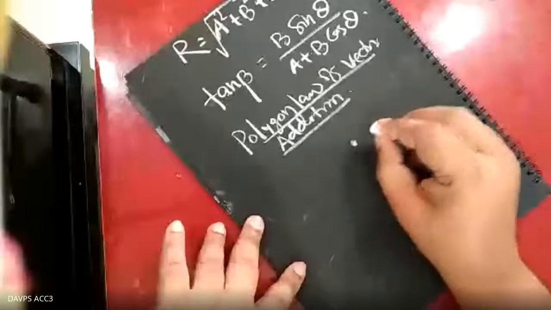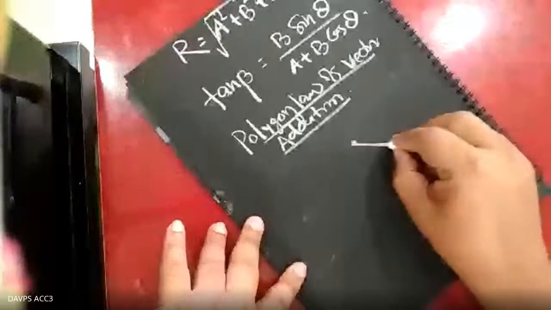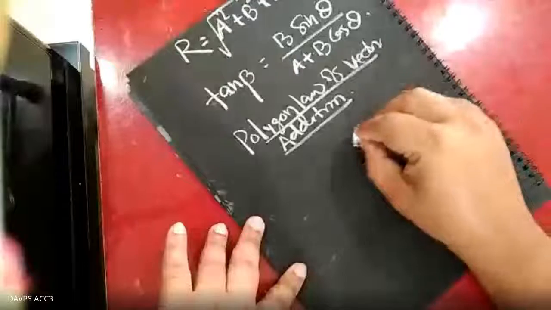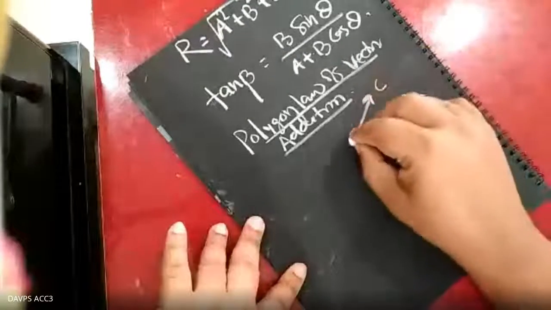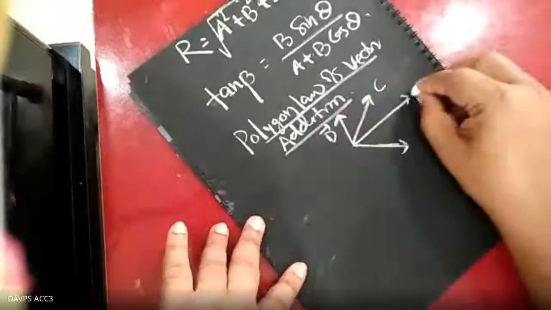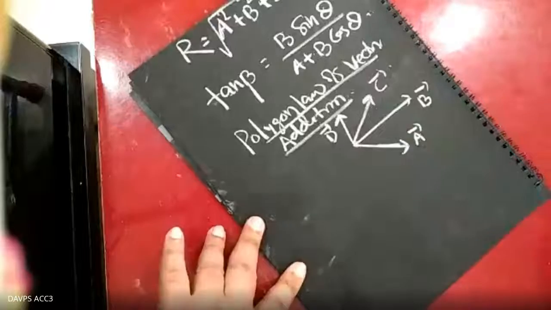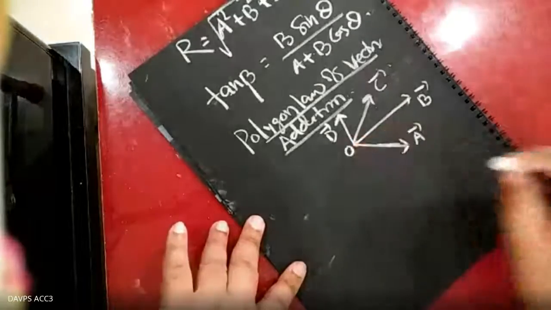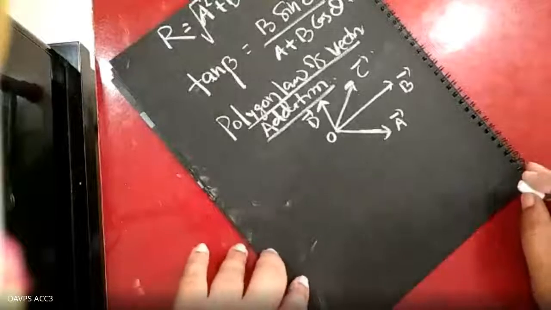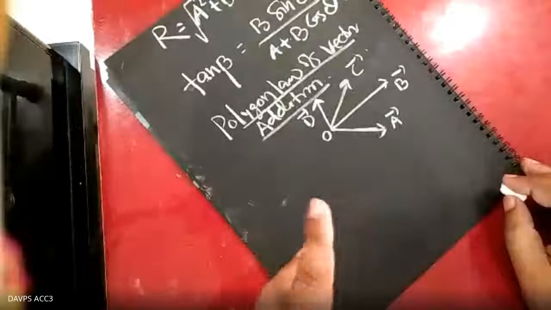We are applying the different vectors: vector A, B vector, and C vector, and D vector. I'm giving the example for the four vectors. So how these vectors can be represented? No doubt it will be represented by the sides of a polygon.